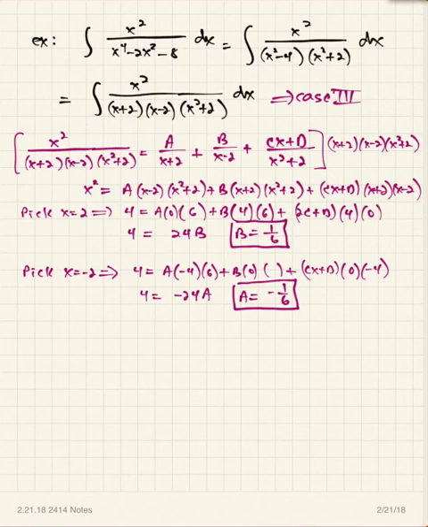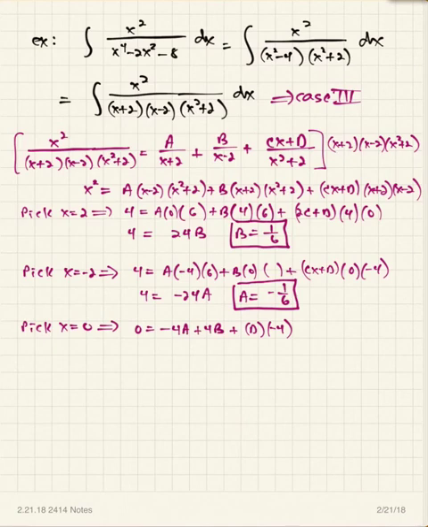Now we have to find c and d. So you could continue to pick x values. That would be okay to do. So if you pick x to be 0, you get 0 equals, and let's see, if x is 0, you'd have negative 4a, and then plus 4b. And x is 0, remember, so then the c is gone on that last term, and you'd be left with d times negative 4, negative 4d.